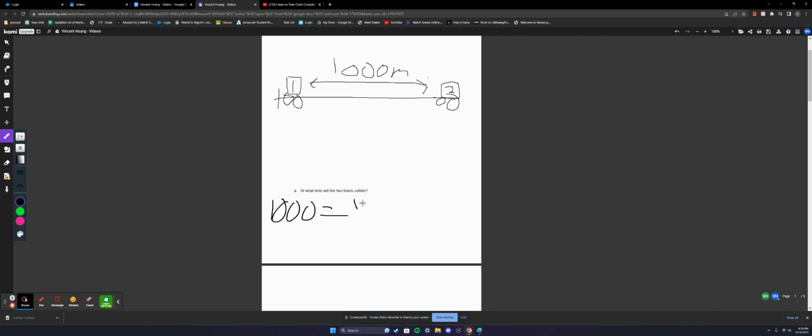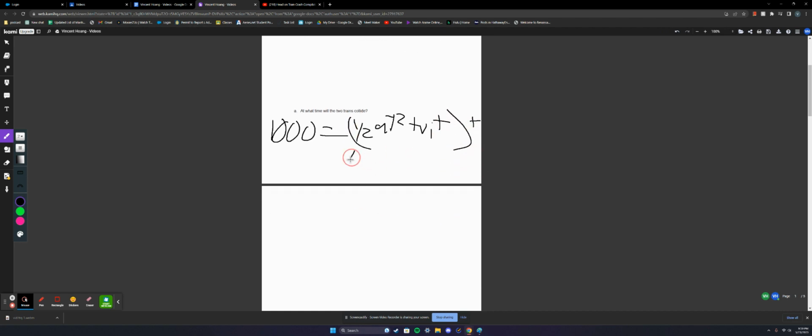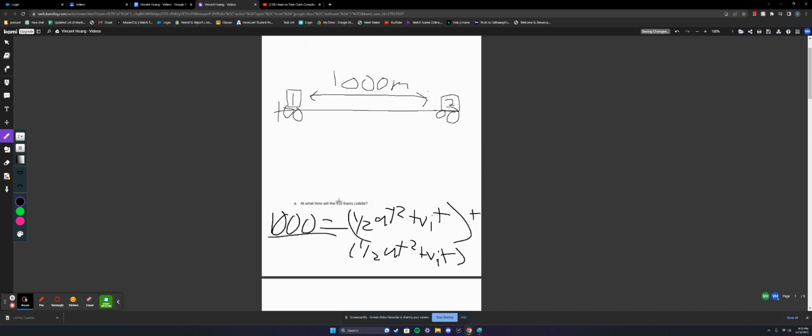So we can do 1/2 at squared plus v_i t for train 1, plus 1/2 at squared plus v_i t for train 2. We add these together, and their total distance should equal 1,000 since they're 1,000 meters apart.